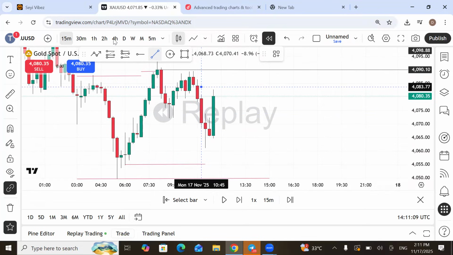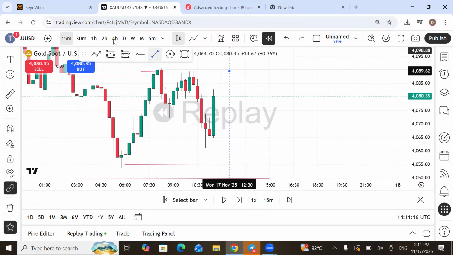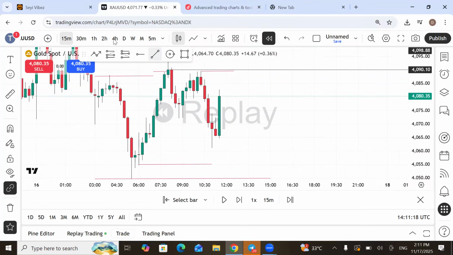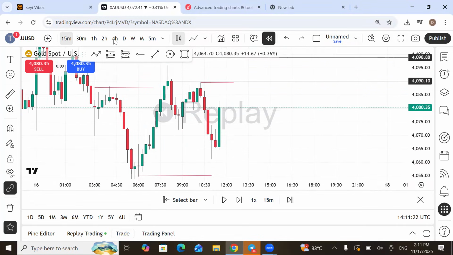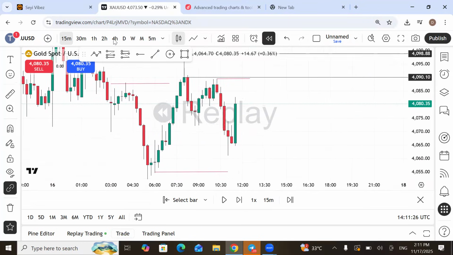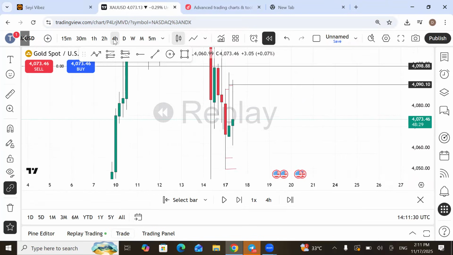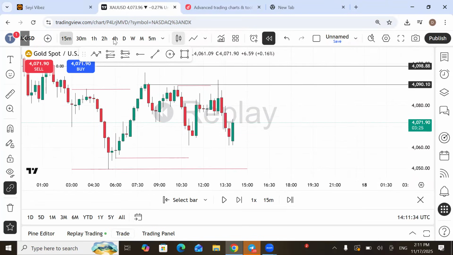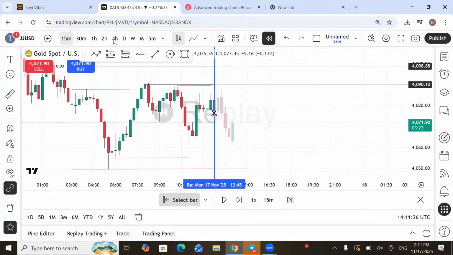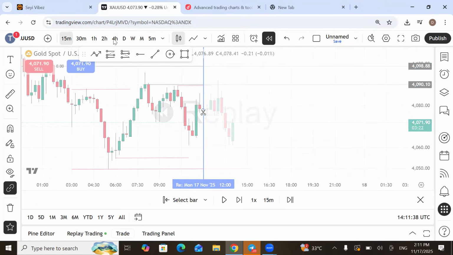But we have internal range liquidity here that is still standing, close to this A-shaped key level. So that's where I want to sell from.